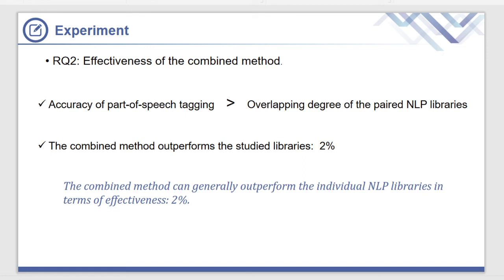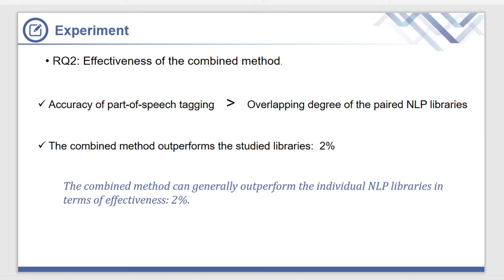The results show that the combined method outperforms the studied libraries in most cases, and the promotion is about 2%. Since the initial results of the NLP libraries already have high quality, the 2% promotion is small but meaningful.